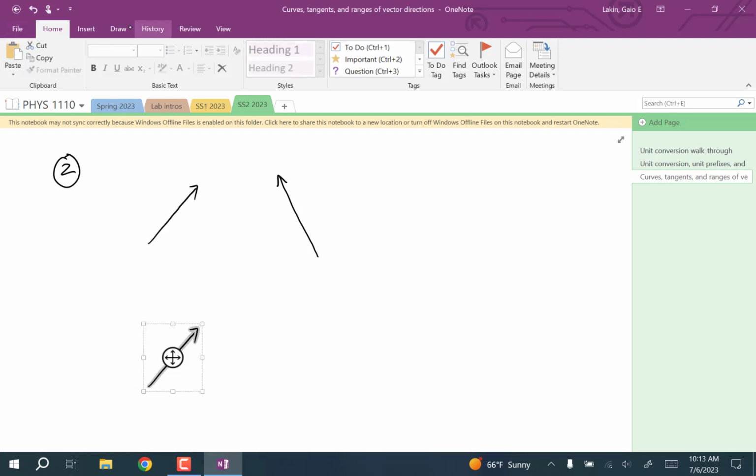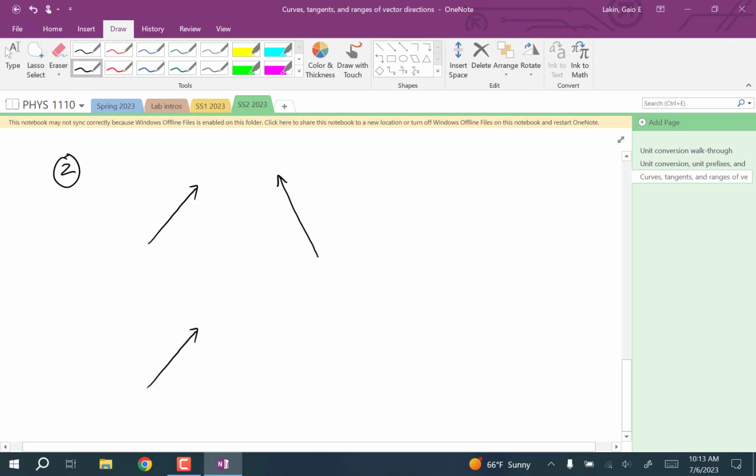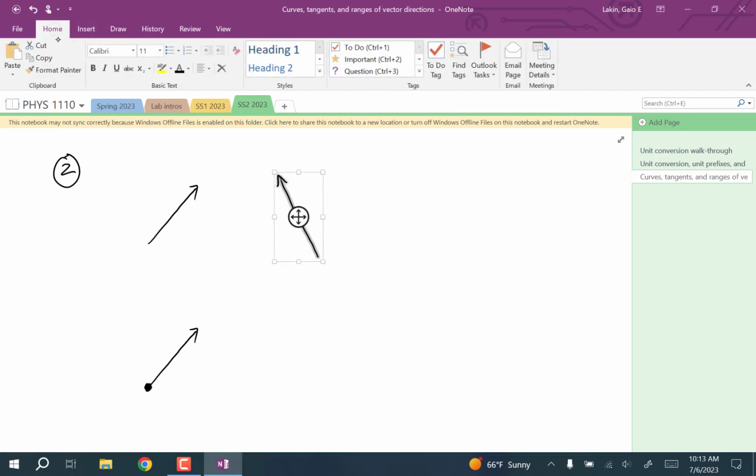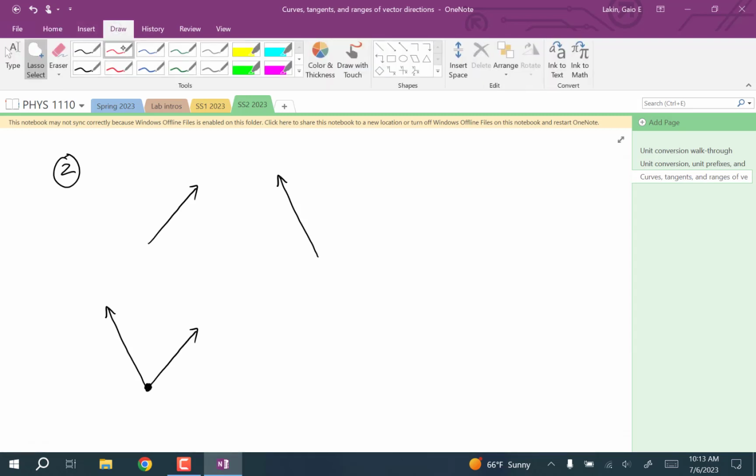take one of those two given vectors and put its tail at a chosen location like this. Now take the other one and put its tail at the same location. And the range of vectors in between those two directions, the range of vector directions, is all the vectors along the shortest arc from one of those to the other one.